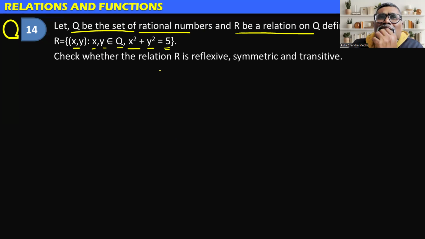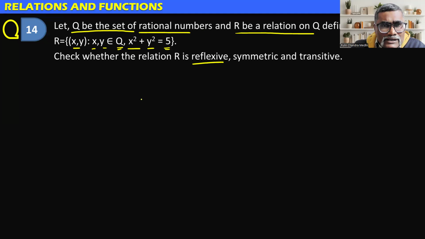So they are asking you to check whether it is reflexive. So for reflexive, what you should get? One element should relate to itself. So here it is Q. X and Y should belong to Q, meaning rational numbers.